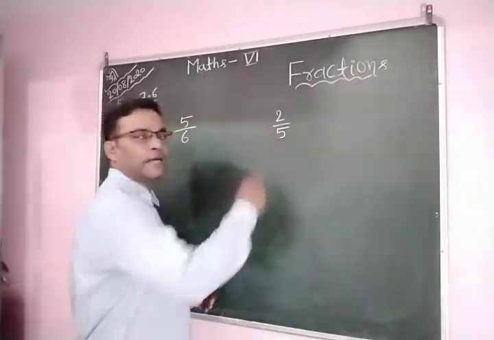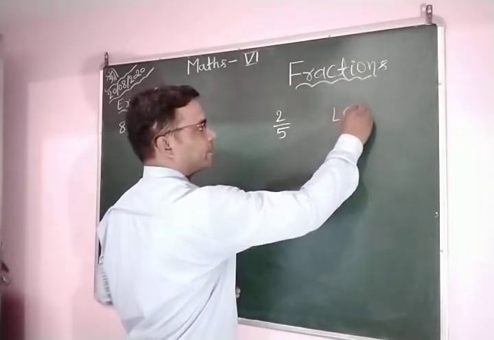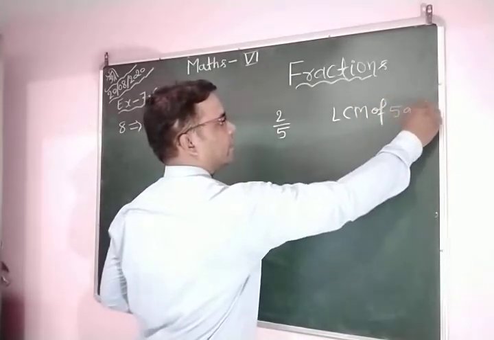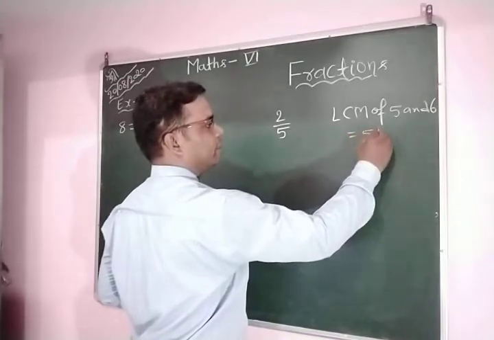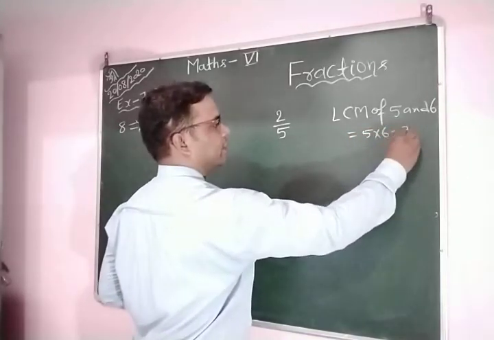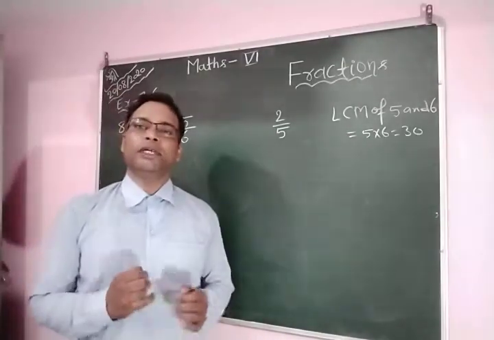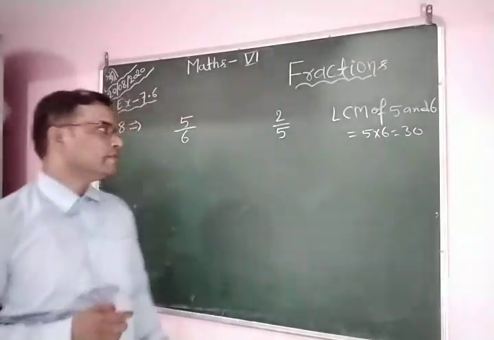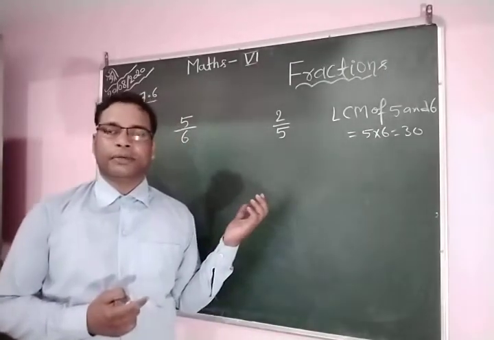Okay, because 5 is a prime number, so you can find LCM of 5 and 6, this is equal to 5 into 6. This is 30 because 5 is a prime number. If any denominator is a prime number, then we multiply to find their LCM, if the next denominator is not a multiple of the first denominator.